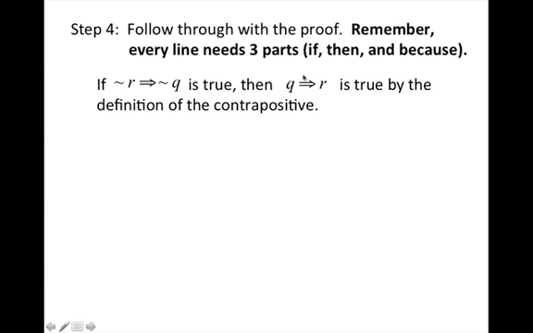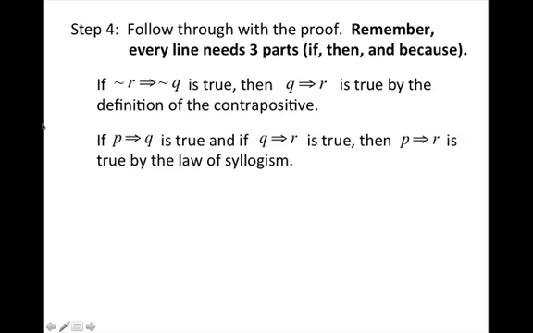Now that I've proven Q implies R is true, I can use it with my law of syllogism. So my next step is, if P implies Q is true, I know that's true because I was told that, I was given that. And if Q implies R is true, I know that's true because I just proved it with my first line.